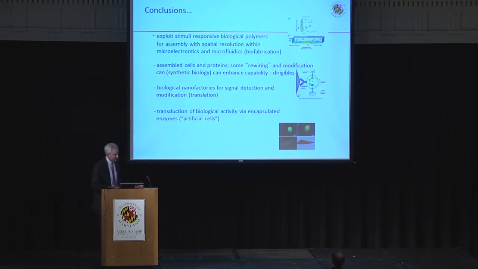And so what I'd like to end with then is an overall approach, hopefully I've conveyed, that we're trying to develop tools that will allow us to interrogate complex bacterial consortia in complex environments.